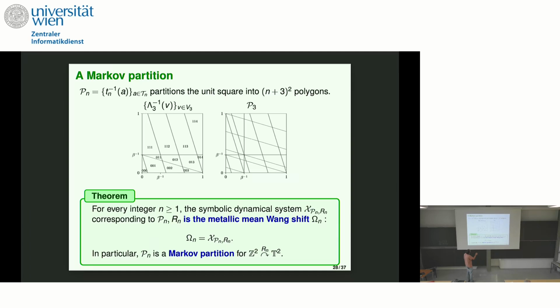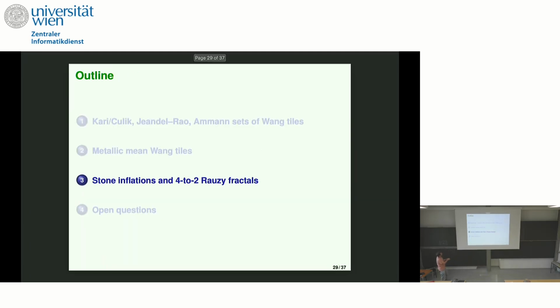And you can show that if you use this partition to encode the Z2 action, you have this equality. And using the definition of Markov partition for a dynamical system, if this is a subshift of finite type, then we say that the partition is a Markov partition for this dynamical system. So this is what I say here. But remember this partition, we will see it again at the end when we consider stone inflation.